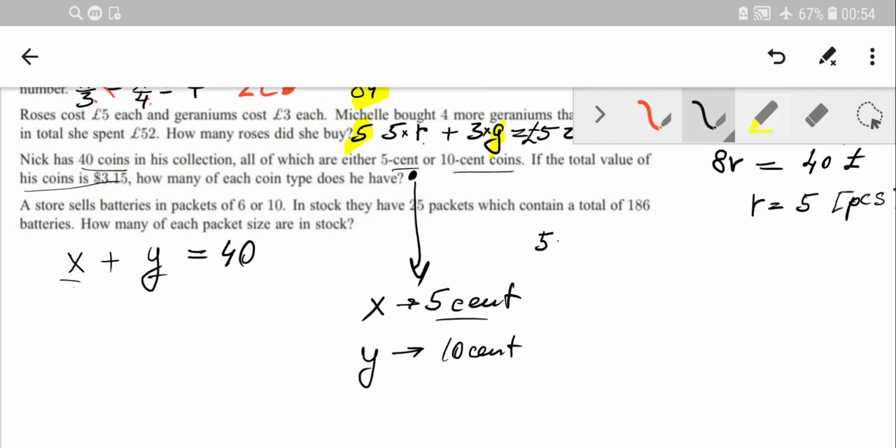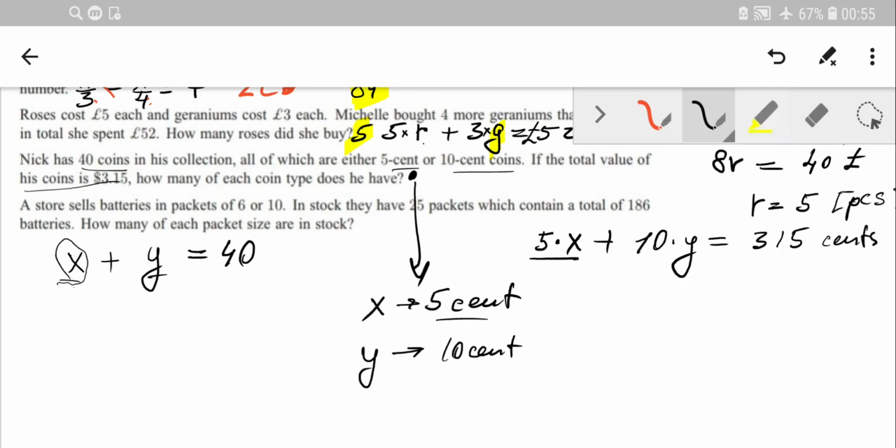So let's stay with cents. So 5x is going to be the amount of 5-cent coins, which are in quantity x. And then we add 10 times y. And the result will be 315, because we converted into cents.